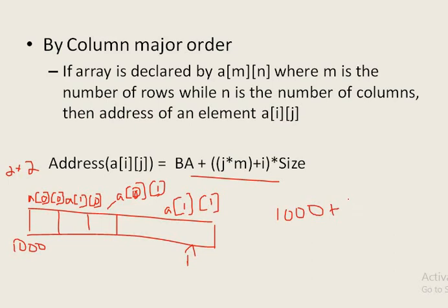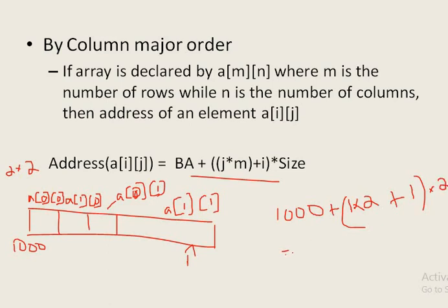So j value is 1 here into m's value is 2 plus i value is 1 here, and the size of, let it be an array of integers, then let us take the size for storing an integer as 2 bytes.